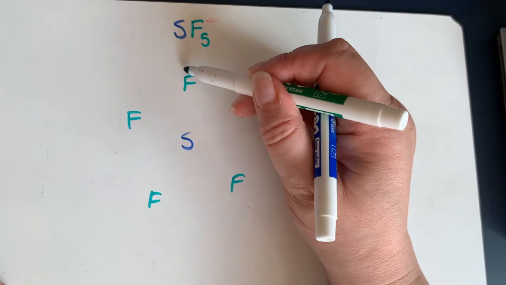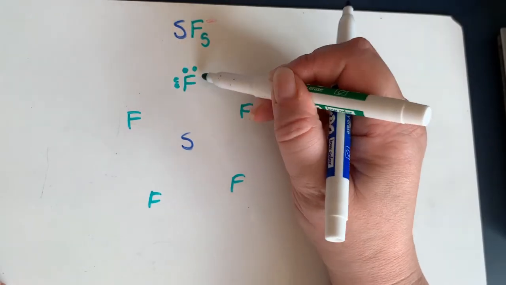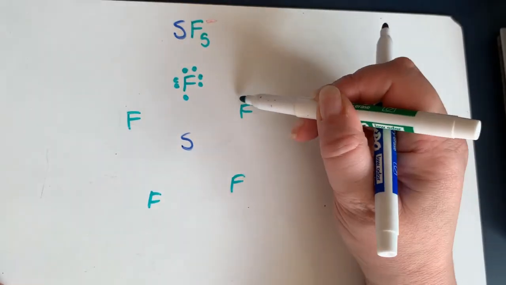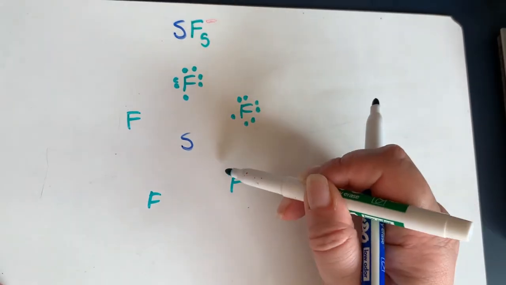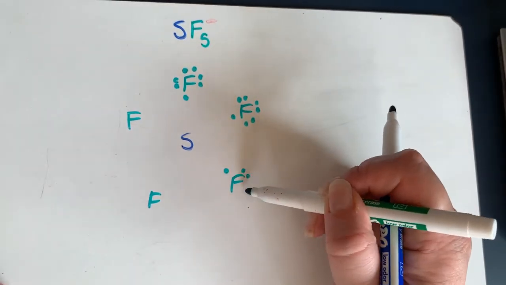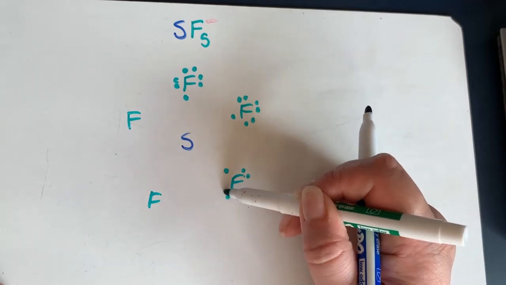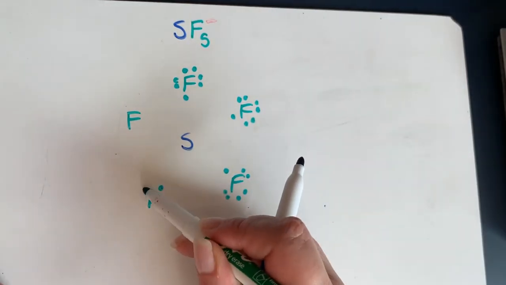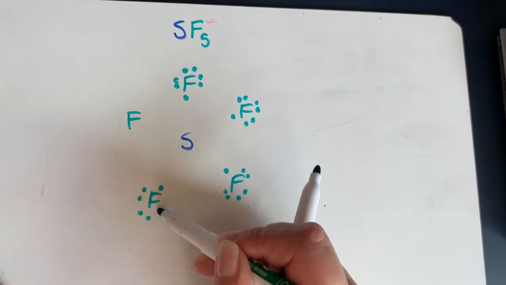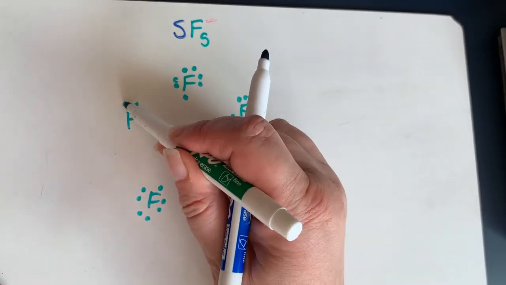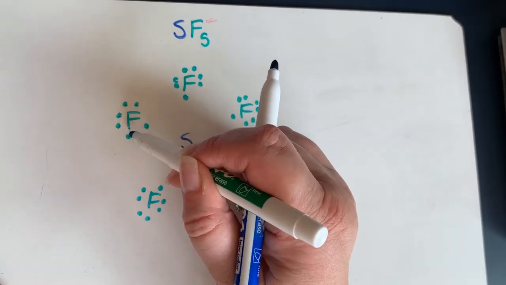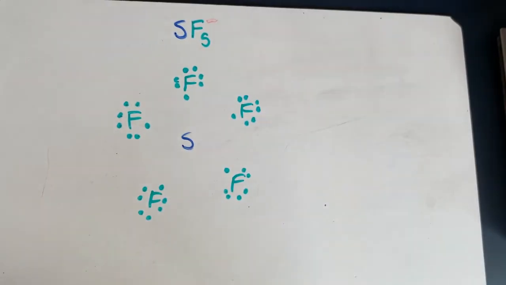Any old place, it doesn't matter. The fluorines have all got 7. So that's 7 electrons for each of the fluorines.